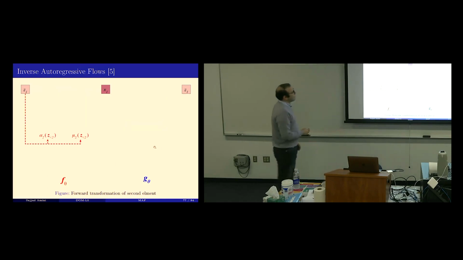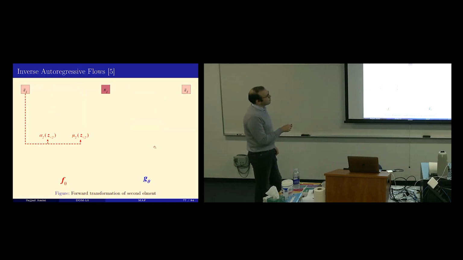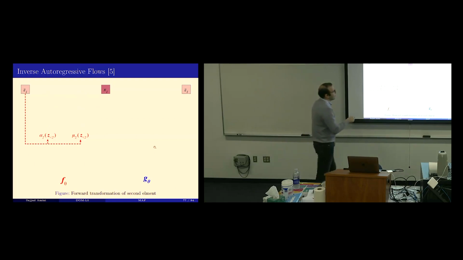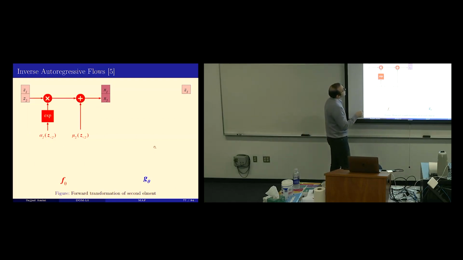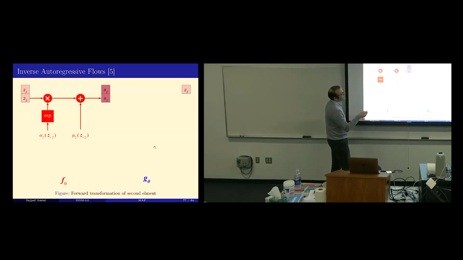For the second one, first z1 is input to your neural networks, alpha 2 and mu2, and they generate these two scalars, these two real numbers. Then these two are used to transform z2 into x2.